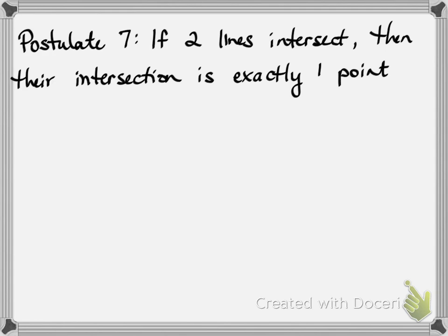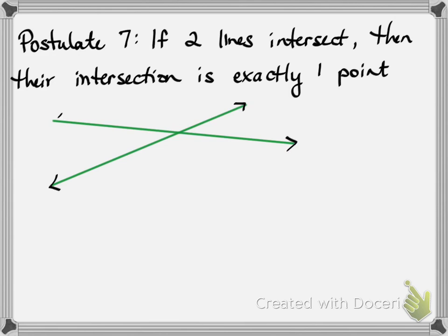Some of the homework will be giving you a picture and you choosing which postulate it is. So let's say we've got this line and this line. They are intersecting. And what is their intersection? It's that point right there. And remember, our book won't usually draw that, but that point right there is their intersection.